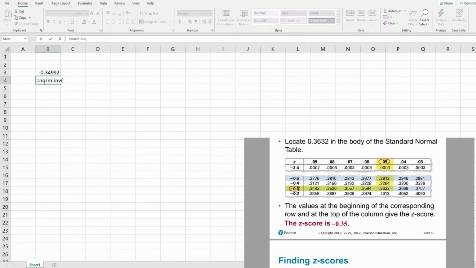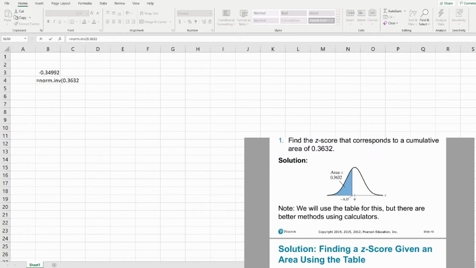This requires that we put in that probability, 0.3632. Let me double check to make sure that was the number there. Yep, that's our number. And then comma, the mean, which here we're doing standard normal, so 0, and the standard deviation of 1. Put that in and we get the same value of about negative 3.5.